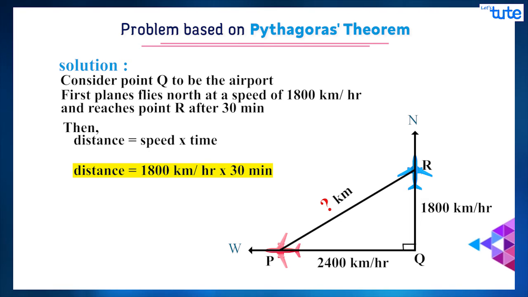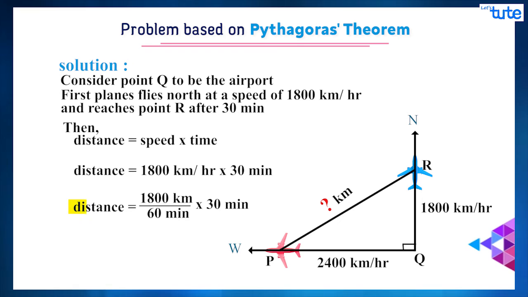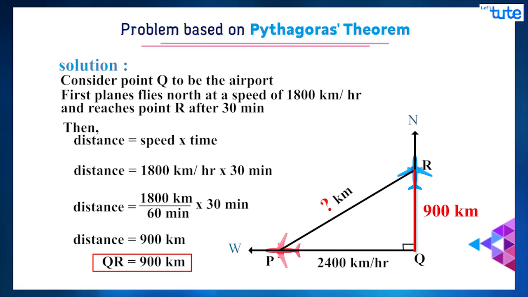But since 1800 km per hour is nothing but 1800 km per 60 minutes, we can say that distance is equal to 1800 km per 60 minutes into 30 minutes. On simplification, we get distance is equal to 900 kilometers. And so, we can say that the distance between points Q and R is 900 kilometers.